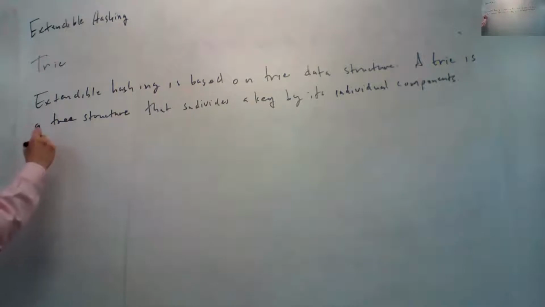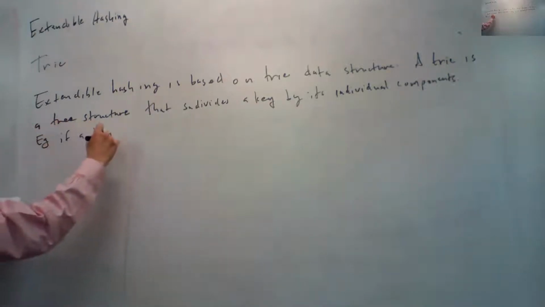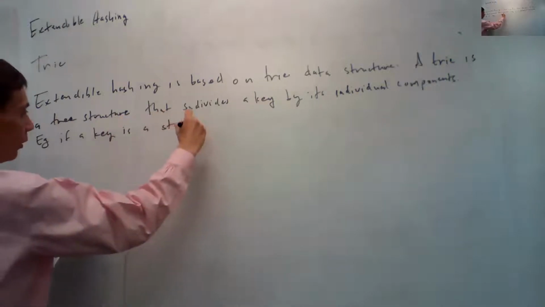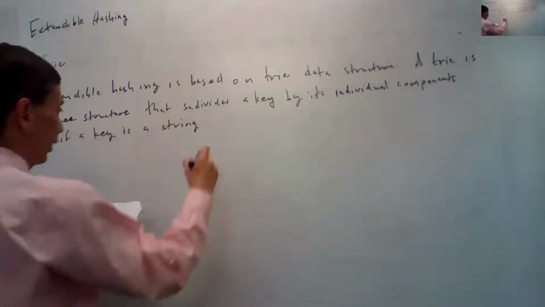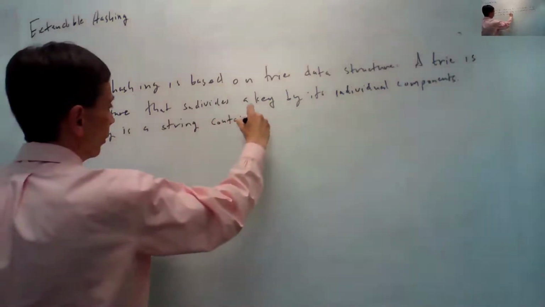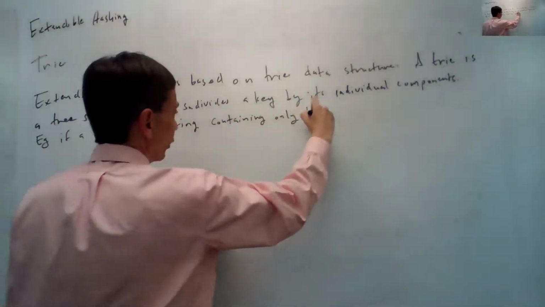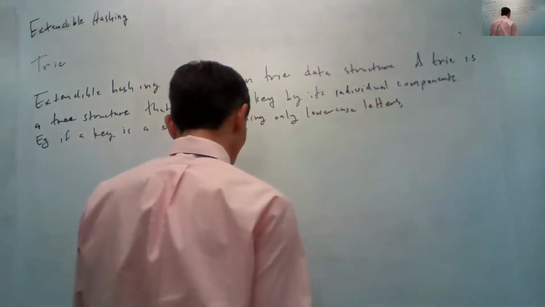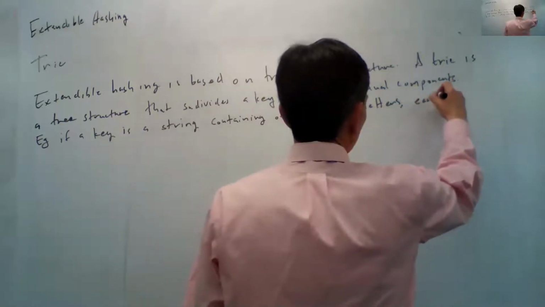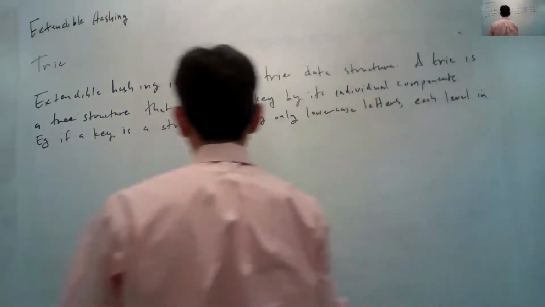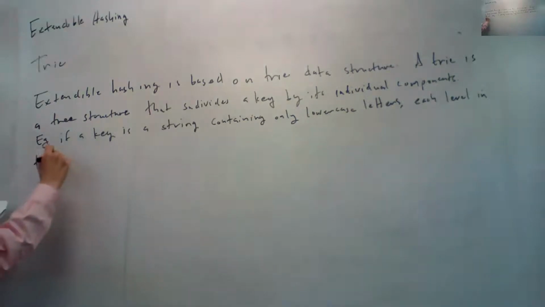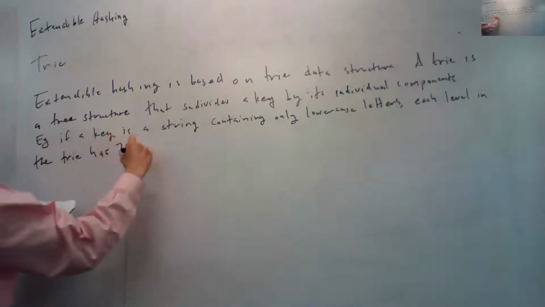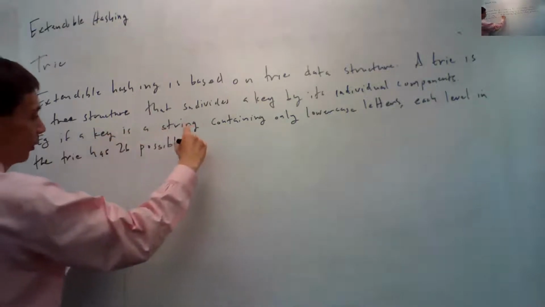So as an example, if a key is a word or a string, let's say, containing only lowercase letters, each level in the trie has 26 possible branches, right, for the 26 lowercase letters.